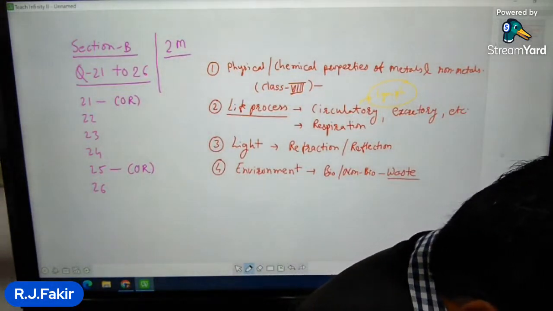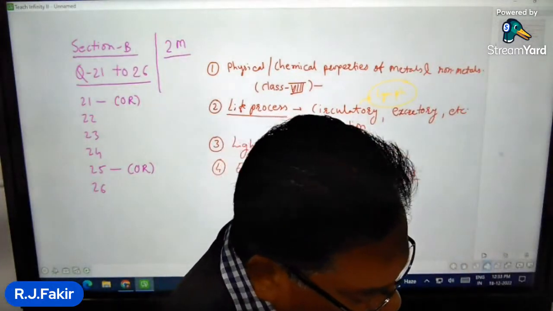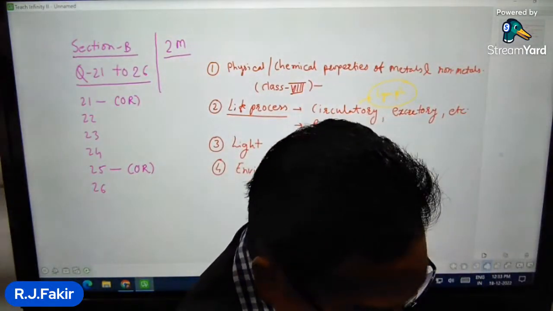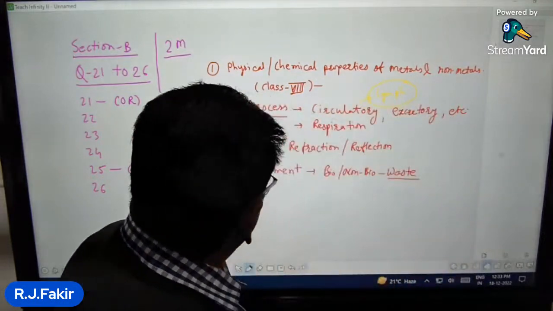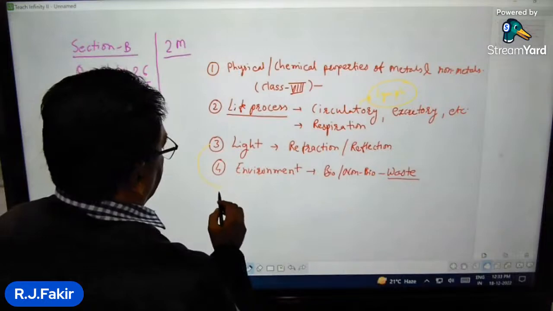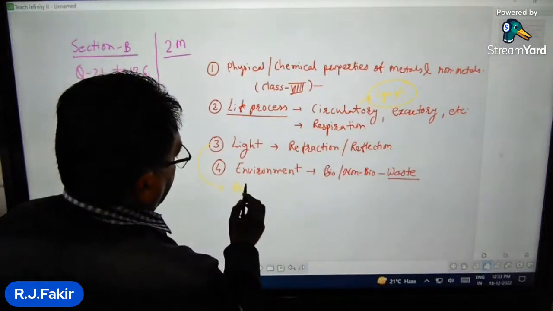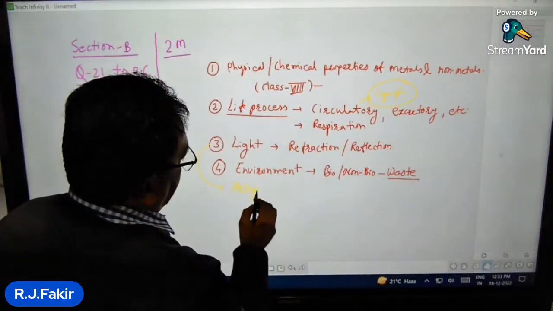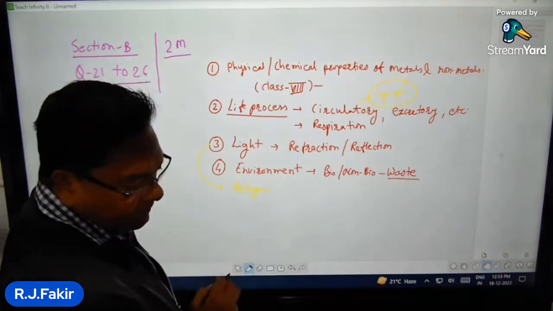Now there is one defect of the eye, astigmatism, in the light chapter.